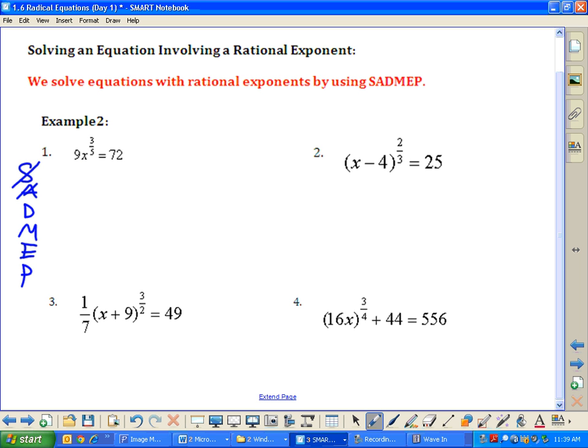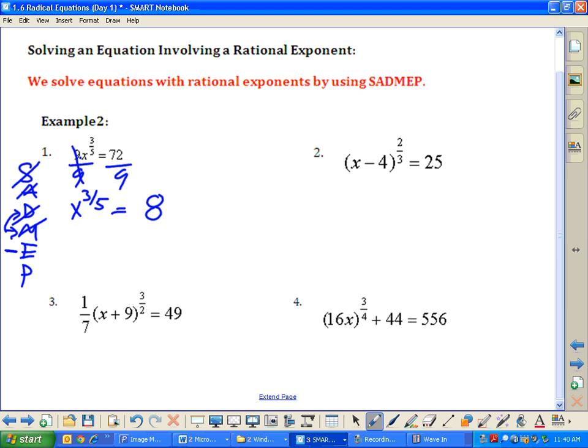So here I see 9 times x to the 3/5. I can get rid of that multiplication by dividing. So I can divide both sides by 9. So now I have x to the 3/5 equals 72 divided by 9. The quotient 72 over 9 evaluates to 8.